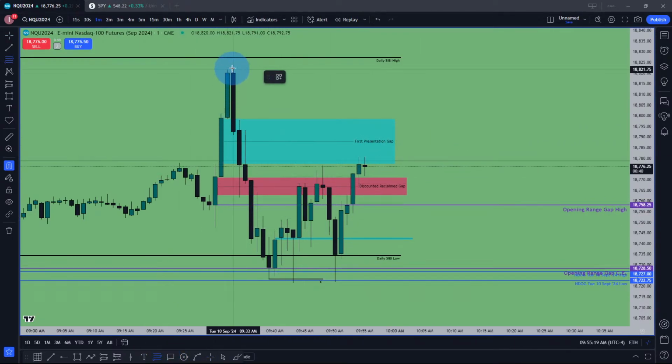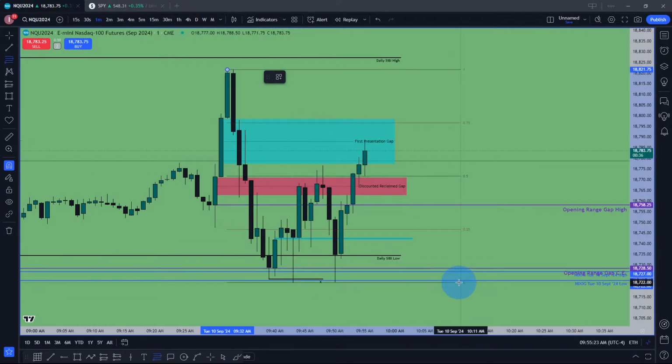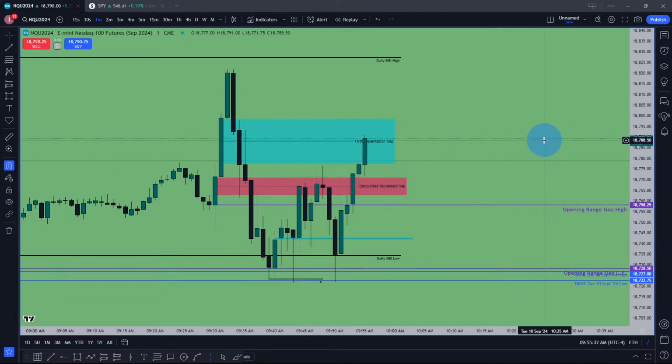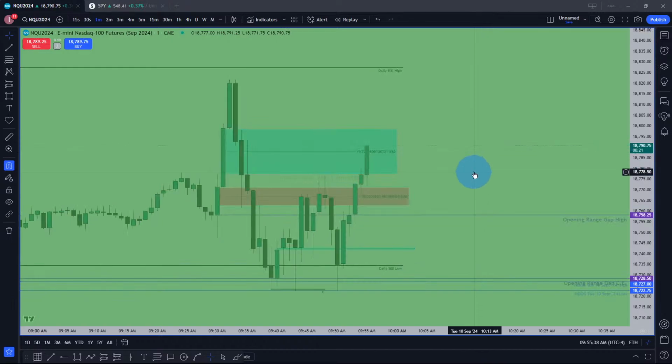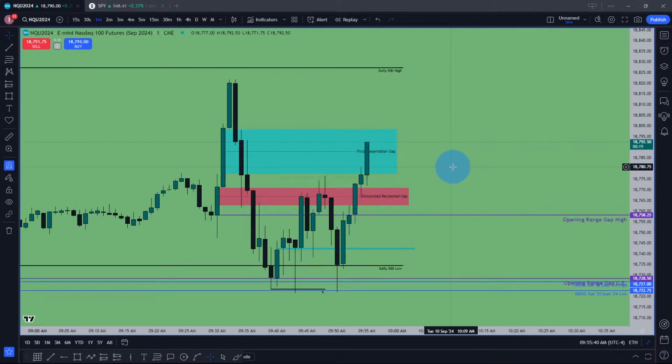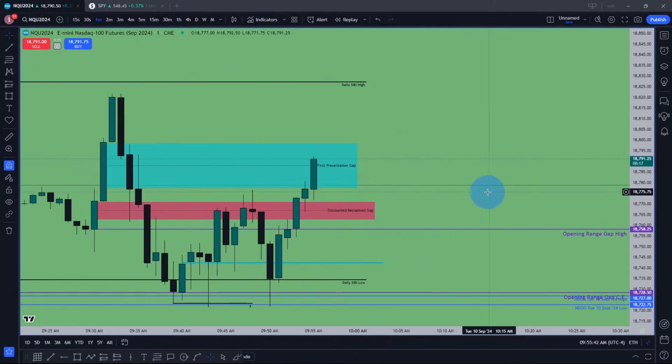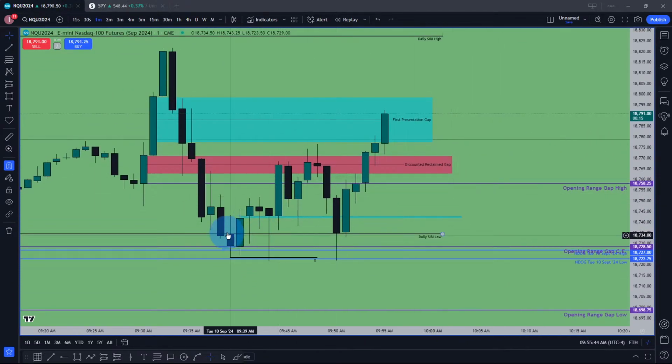Wait, I actually want to check something before I make a bold statement. Whether this holds or not, I'm not sure for right now, but I know that this breaker held here.